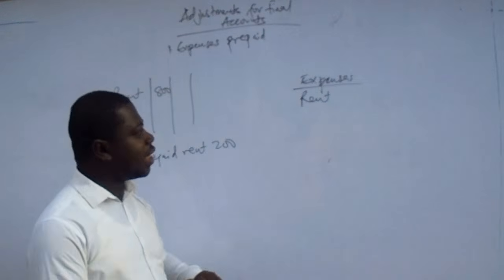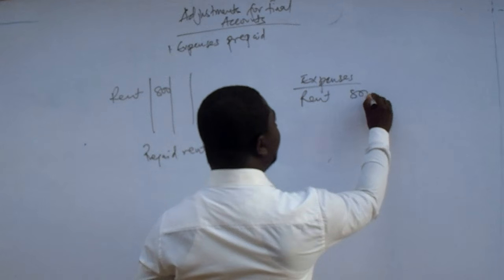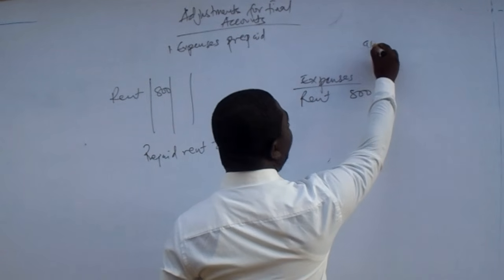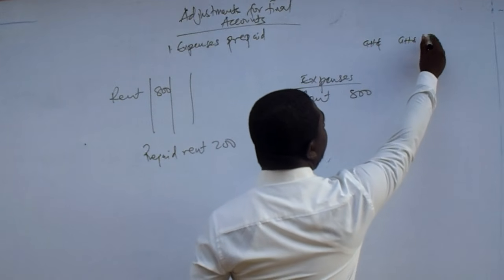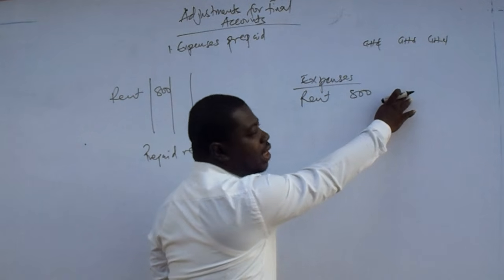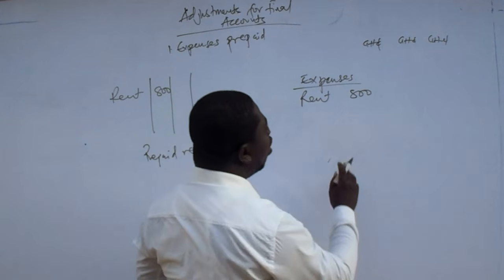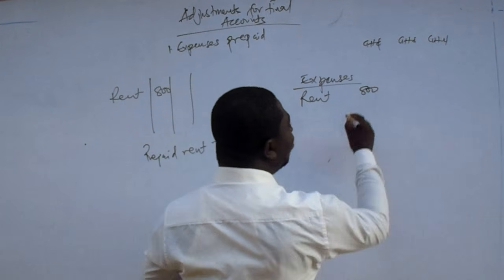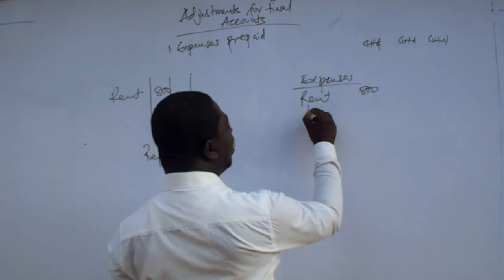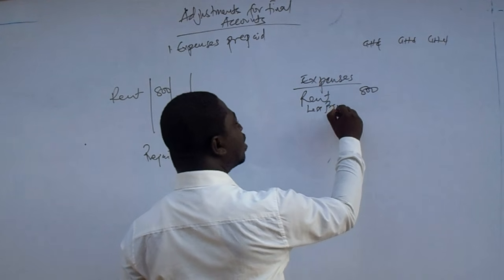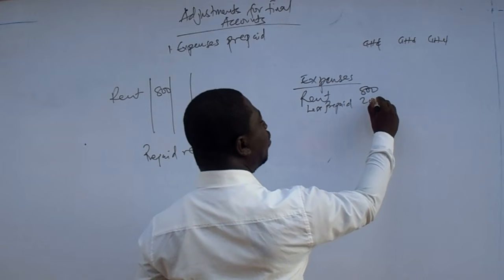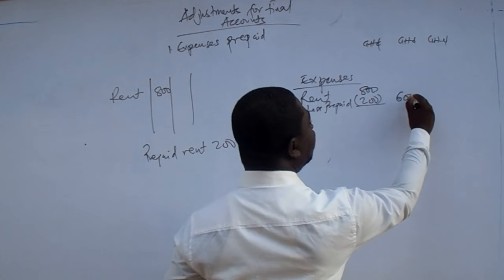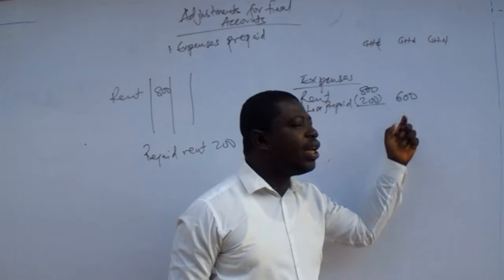On the face of the financial statement, our rent that has been paid is 800. We have three currency signs, and I told you that the second currency sign is for expenses. What we are going to do is write the 800 and then subtract, less the prepaid rent of 200, so that the final figure of 600 is what is going to be recognized as an expense.